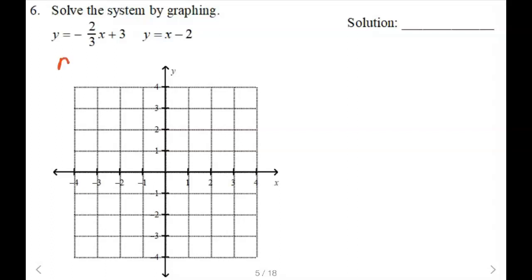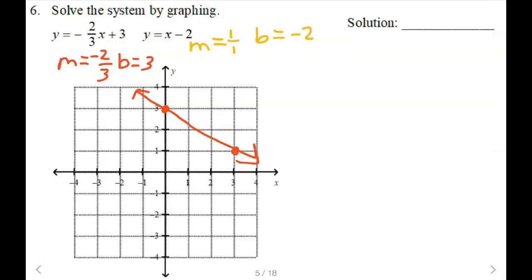For the first line here, we have a slope of negative 2/3 and a y-intercept of 3. So plot a point at 3, go down 2 to the right 3. If there are any other points that we could land on, we would do that. For the second one, our slope is 1 as a fraction, 1/1.